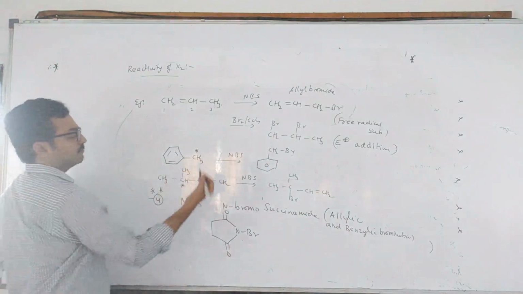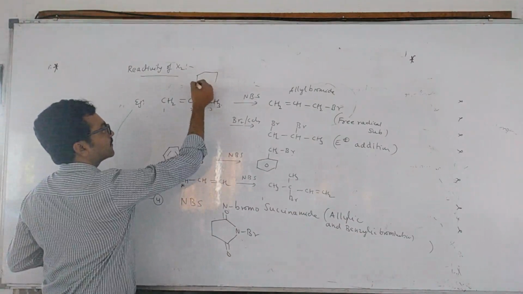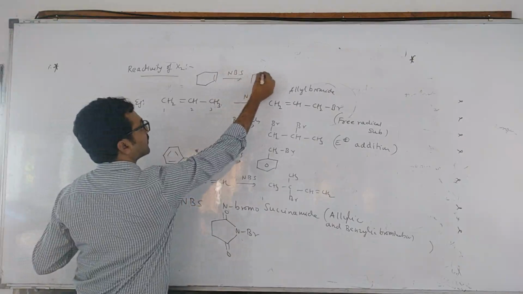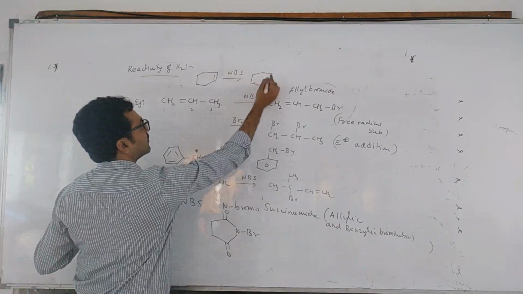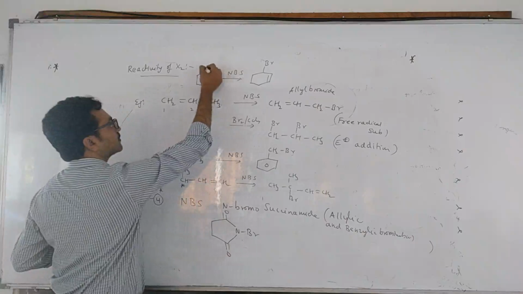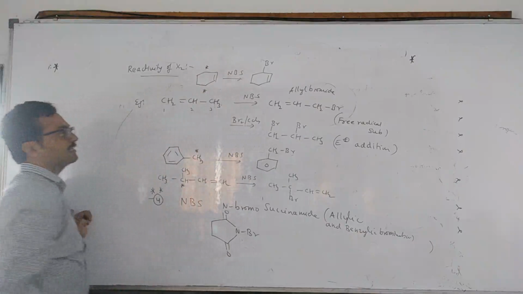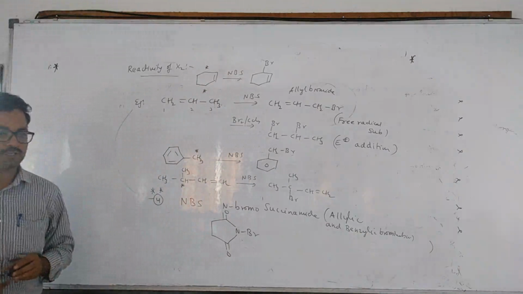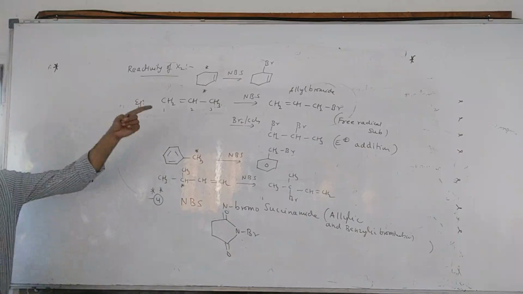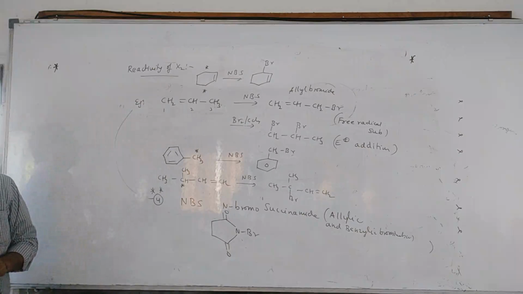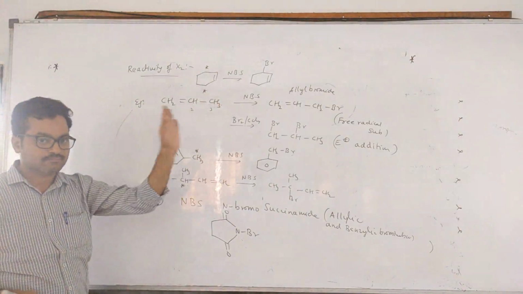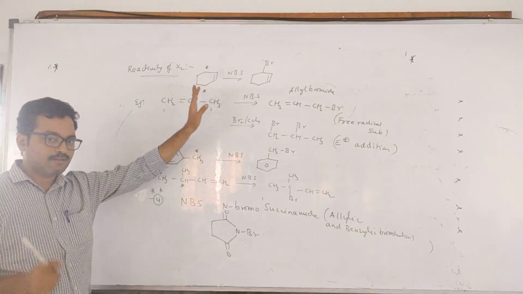One more example. Yes, children. Suppose NBS is there. Then where is the product formed here? Can anyone tell? There are two allylic positions. These two are allylic positions. See, the asterisk symbols are allylic positions. Understanding? Allyl bromination. Didn't understand?